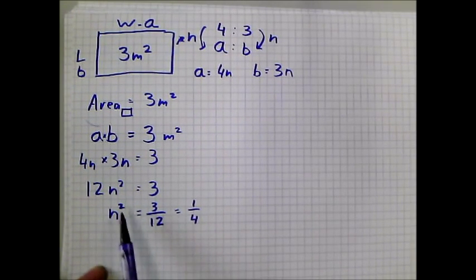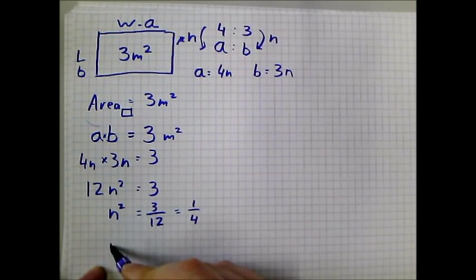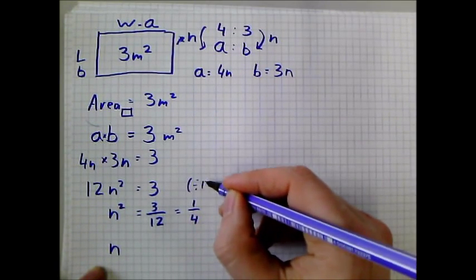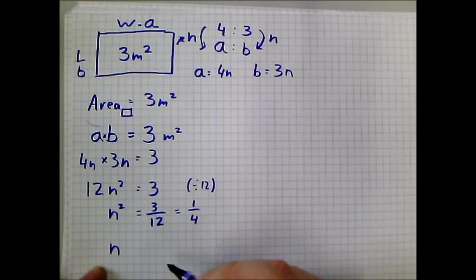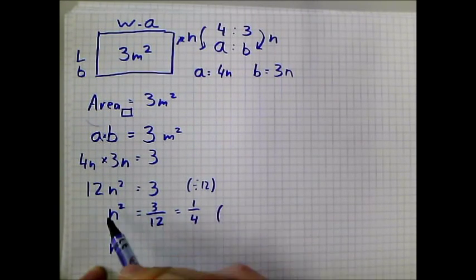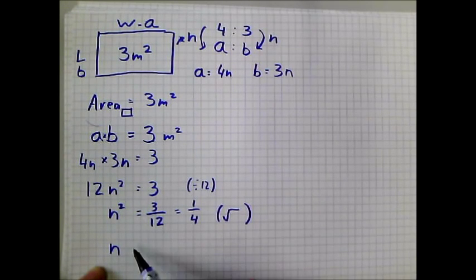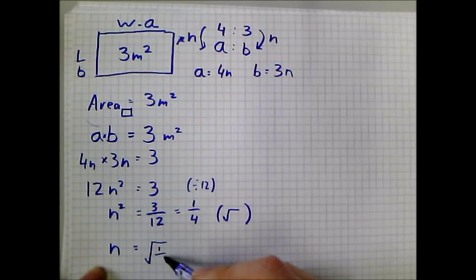Now I don't want n squared, I want n. So here I've divided by 12. So here, to cancel out my n squared, I'm going to square root. So n is the square root of 1/4.